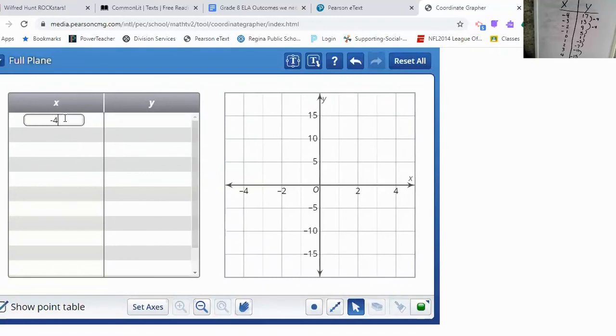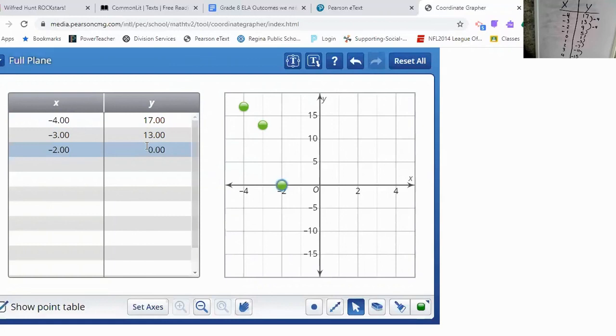So -4 over here gives us 17. All right, -3 over here gives us 13. -2 gives us over here 9. -1, 5.